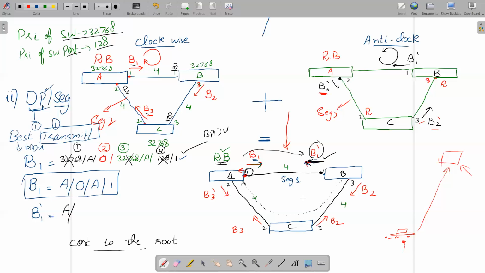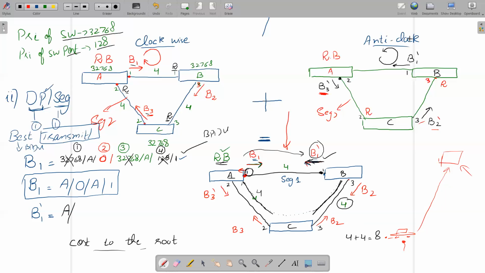You need to adopt the reverse path. And you will see, you have covered that link. The cost was 4. And again, we need to move towards the root. Again, you have another link which costs you 4. That means the total cost of that BPDU would be 4 plus 4, that would be 8.